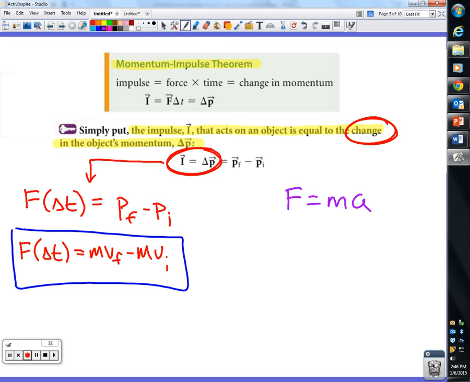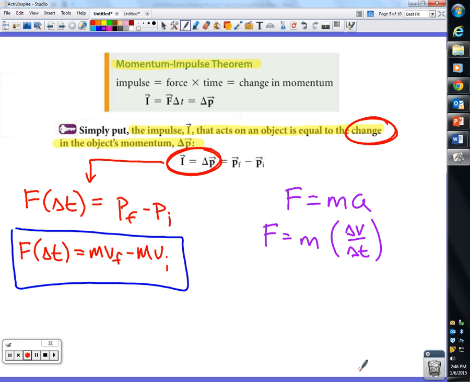Okay? But Newton even knew when he was developing this concept that we can take this equation and break it down and make it more detailed. For example, does that make sense? That's how we define acceleration, right?